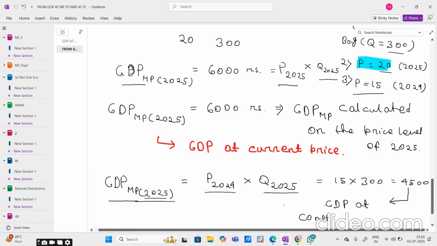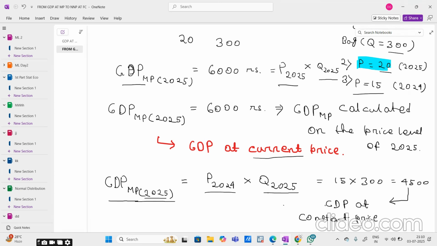GDP at constant price. Why is it called GDP at constant price? As we are not taking the current price of the commodities sold. The quantity that is sold is of the current year, but the price value that we are taking of the commodity is not of the current year, it is of one of the previous years.